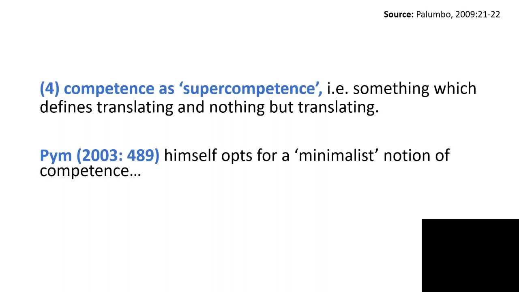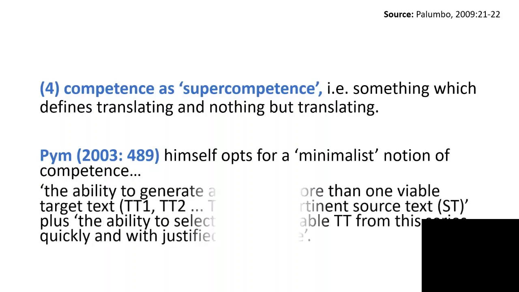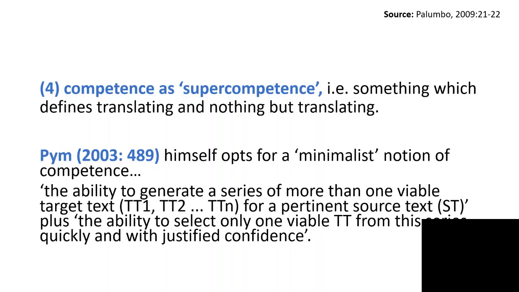So Pym, again in 2003, opts for what we can call a minimalist notion of competence, meaning, and these are his words, and I quote, the ability to generate a series of more than one viable target text, which could be ad infinitum, different types of target texts in language 2, or in Spanish in our case, for a pertinent source text.